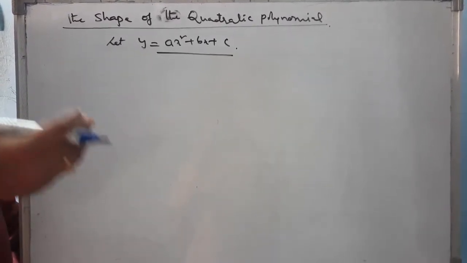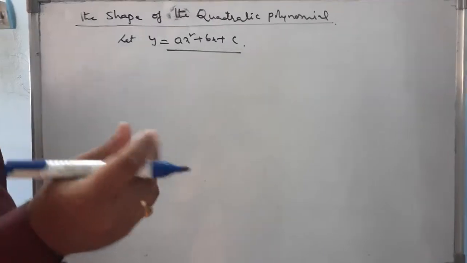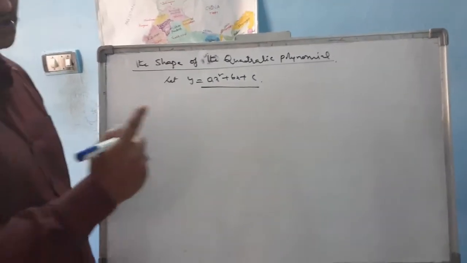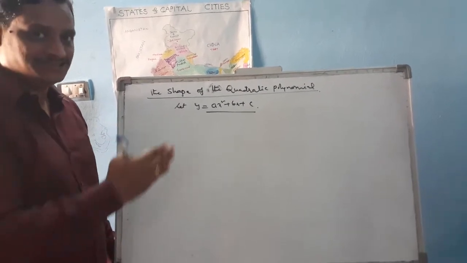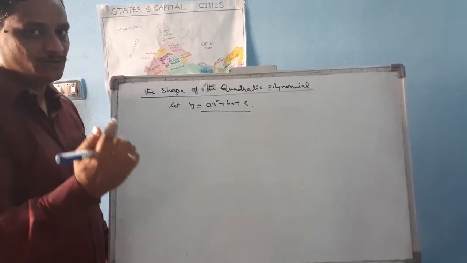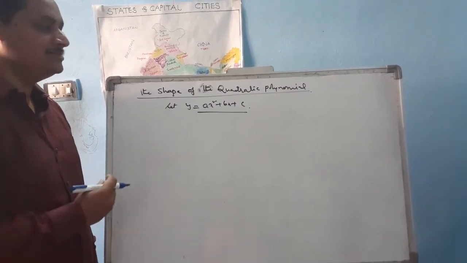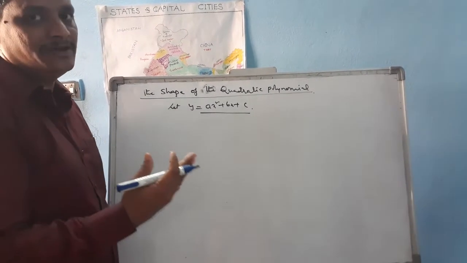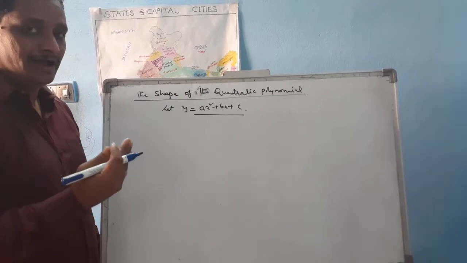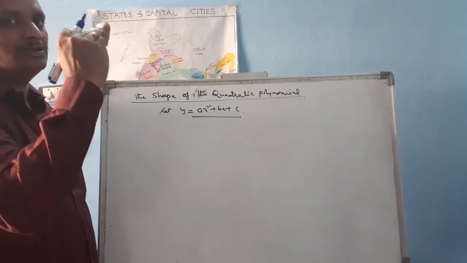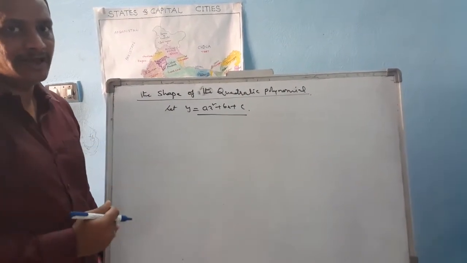Case 1: the curve cuts the x-axis at 2 distinct points. Case 2: the curve touches the x-axis at 1 point. The third case: it may not touch or cut the x-axis, so it is above the x-axis or below the x-axis.